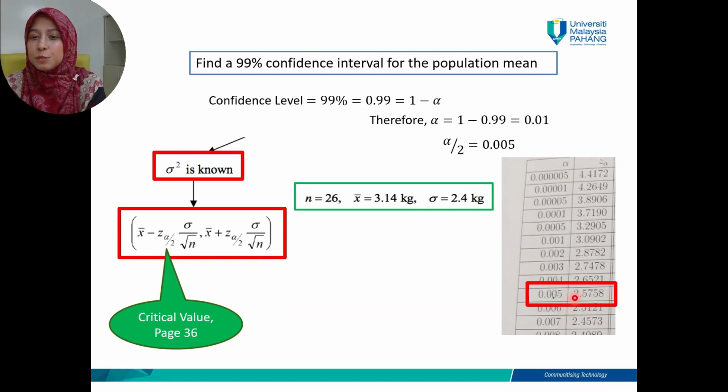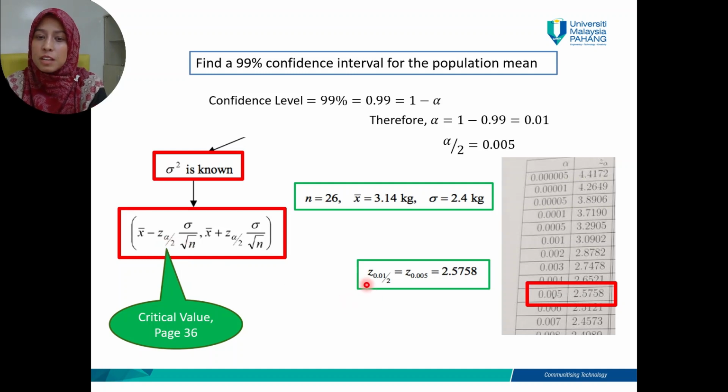So 2.5758 is the critical value that you need to substitute into this formula. So Z alpha over 2, which is also equivalent to Z 0.005, is 2.5758. There you go.